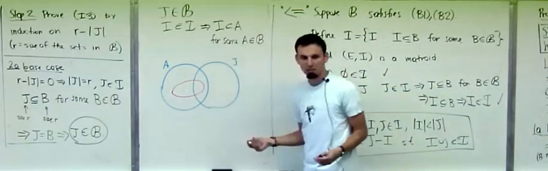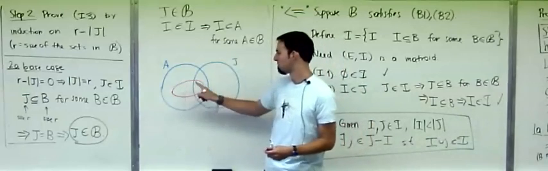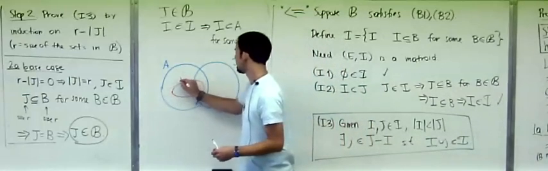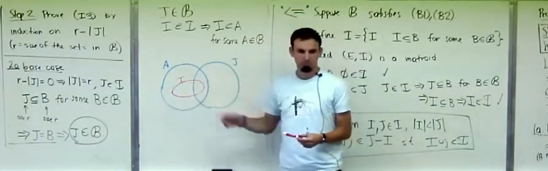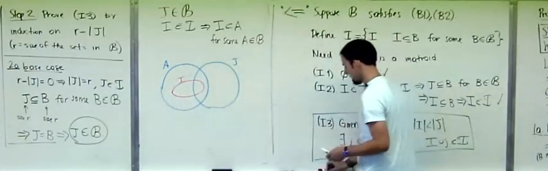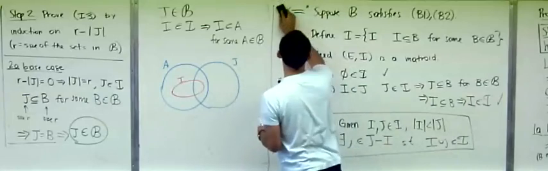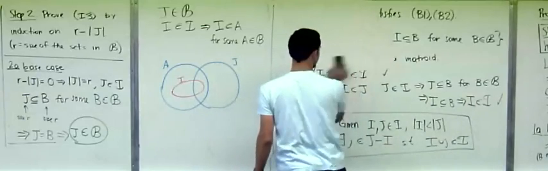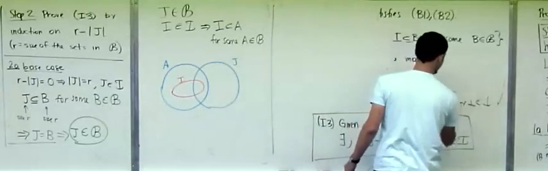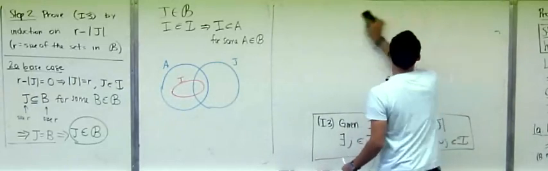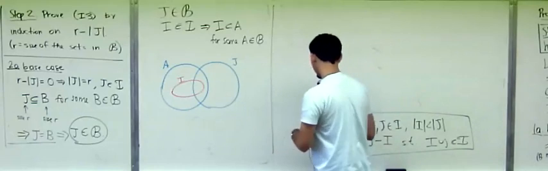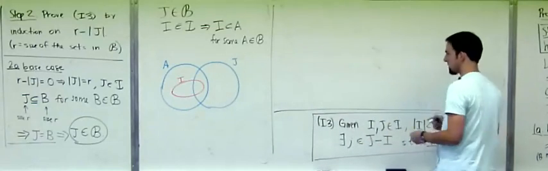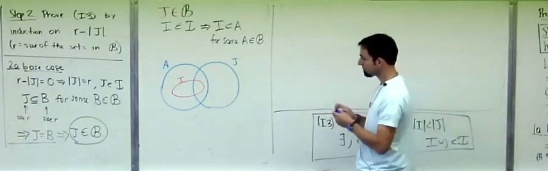I is some subset of A that might intersect this part, might intersect this part, but it has to be inside. So that's my Venn diagram. And I'm keeping this down here, which is what we're trying to prove.